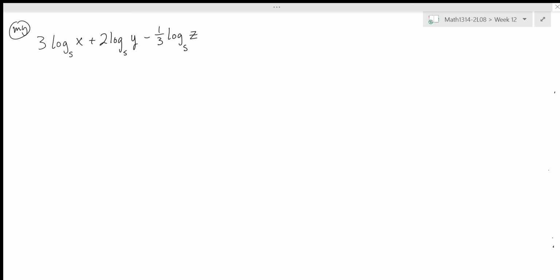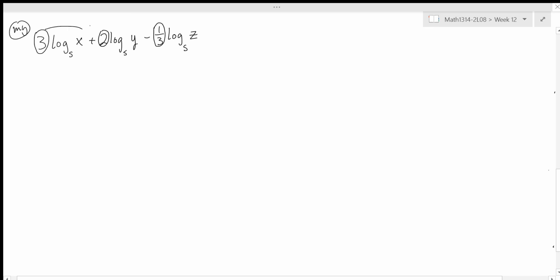Man, how many logs are there? The correct answer is too many. There's too many logs. I want this problem to have only one log. And so do you see any numbers in front of the logs? That's what I'm going to have to deal with first. So where do the 3 and the 2 and the 1/3 go? Right.